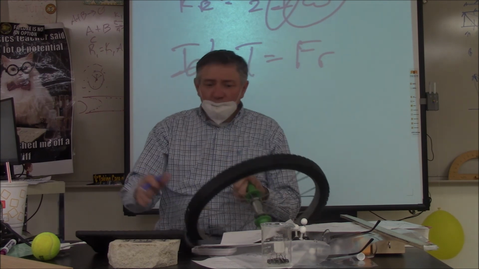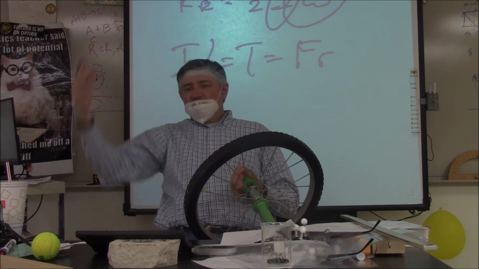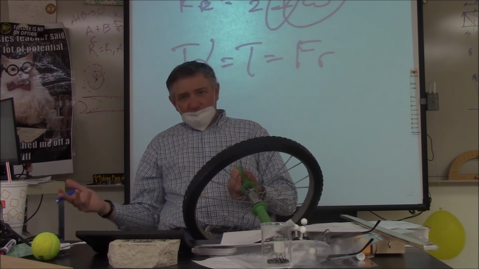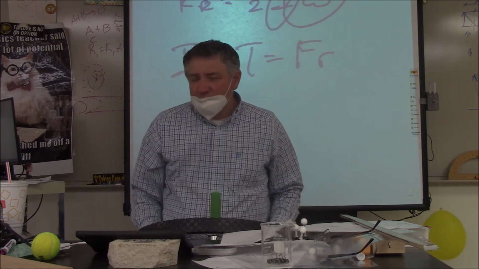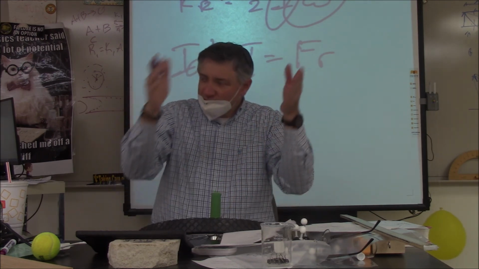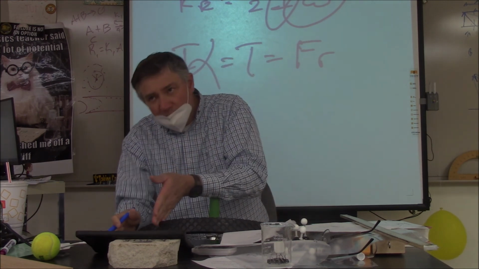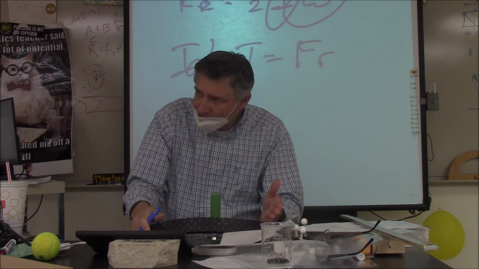Just like work equals a change in translational kinetic energy, work equals a change in rotational kinetic energy. It's the exact same concept. And then it asks for how much power is required. Oh, power is work divided by time. So you find your change in your rotational kinetic energy, which is equal to your work, and then you use that divided by time to get your power.